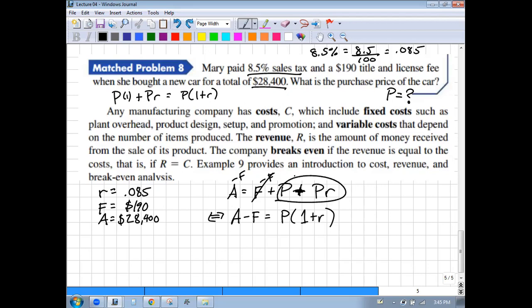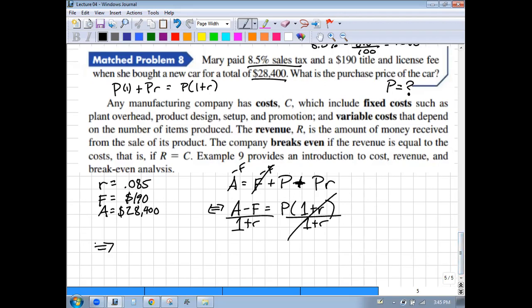We're just factoring the P out, so now there's 1 P instead of 2. At this point, we want P by itself, so we'll divide both sides by 1 plus R. We're left with P equals (A minus F) over (1 plus R).